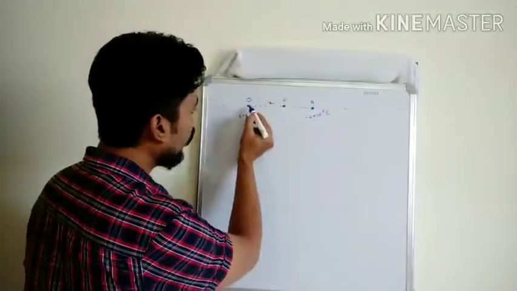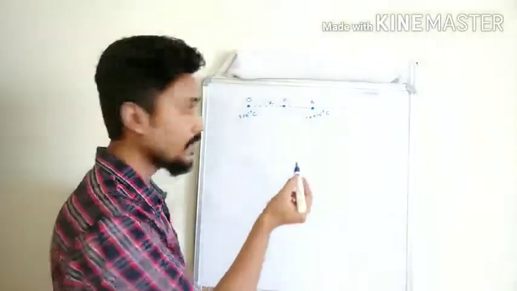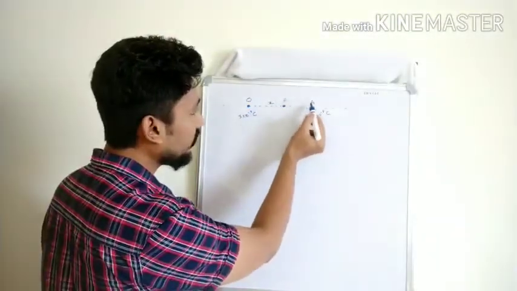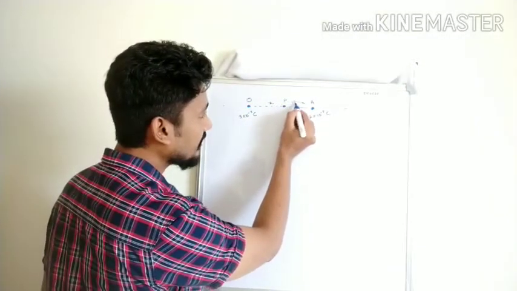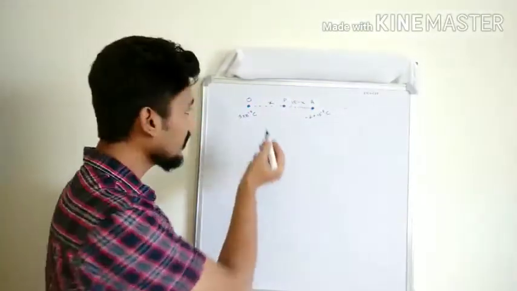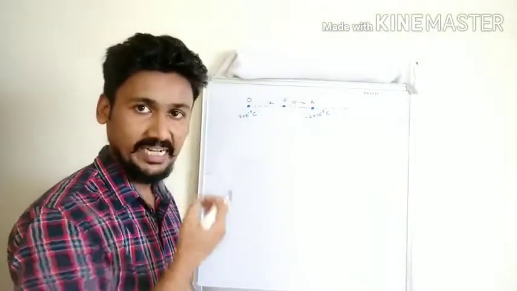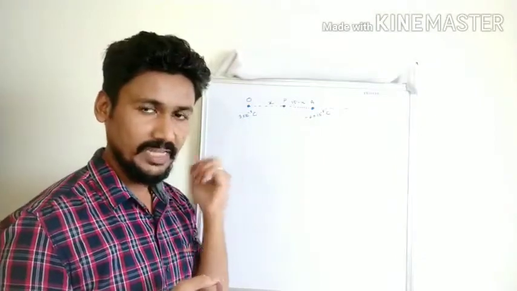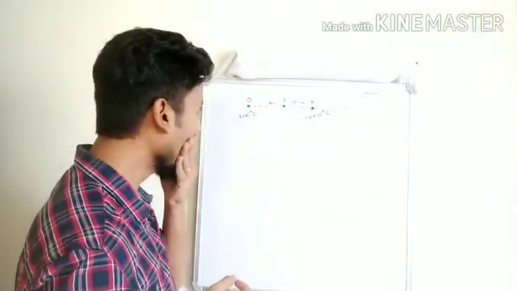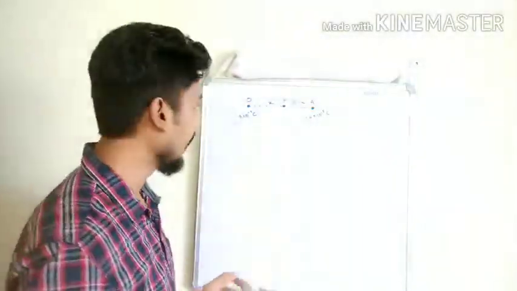So OP is x. Thereby the distance of P from A is 15 minus x, because O to A is 15 centimeters. For questions like this, we need not convert into SI units, because we want the absolute values anyway.